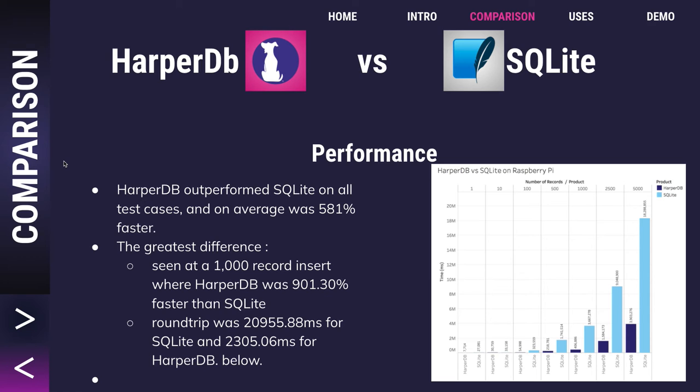The biggest difference that was seen was at the 1000 record insert mark, where HarperDB was 901.3% faster than SQLite, and the round trip for that was 20,955.88 milliseconds for SQLite, compared to the drastic difference of 2,305.06 milliseconds for HarperDB. The average test results can be seen in the charts just right here.